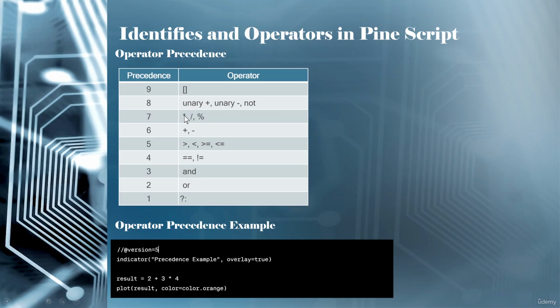So first multiplication is executed: 3 multiplied by 4 will be 12. And then 12 will be added to 2, giving 14, and only then number 14 will be assigned to the variable result. So this is how operator precedence works.